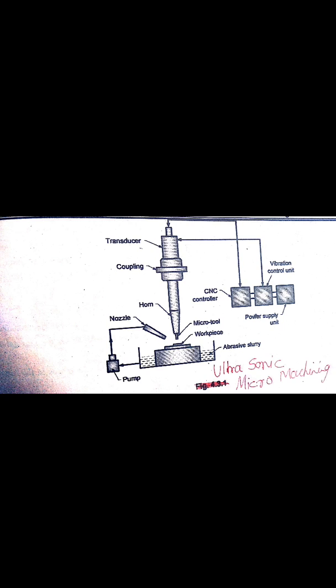Then discussing the parameters, they can be listed as material removal rate, surface finish rate, tool wear rate, machining accuracy, aspect ratio, and the current ratio. These are the significant parameters which affect ultrasonic micromachining, the process parameters which influence the process performance. I already mentioned these before.